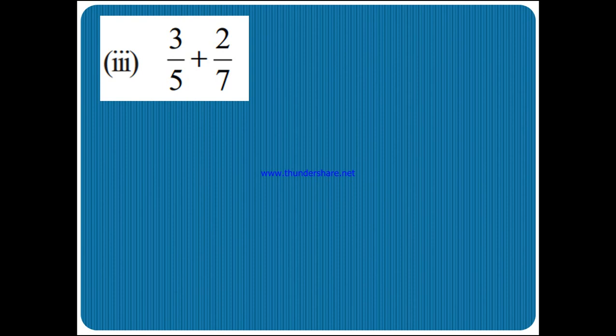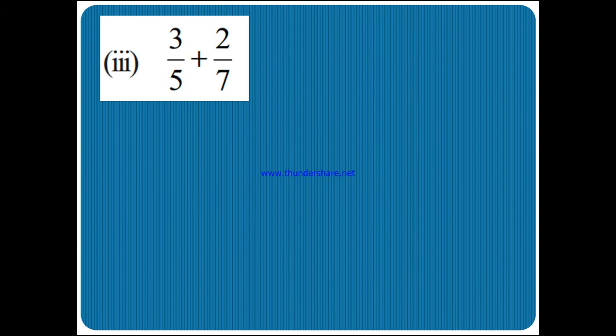When you are going to add or subtract two fractions, three fractions or more, you have to check whether the given fractions are like fractions or unlike fractions, because if they are like fractions, you can find the answer directly.